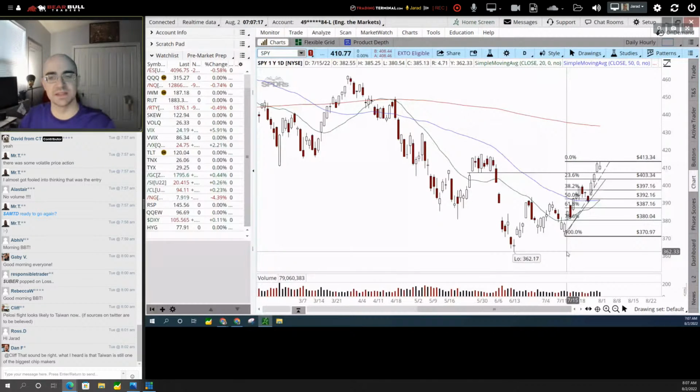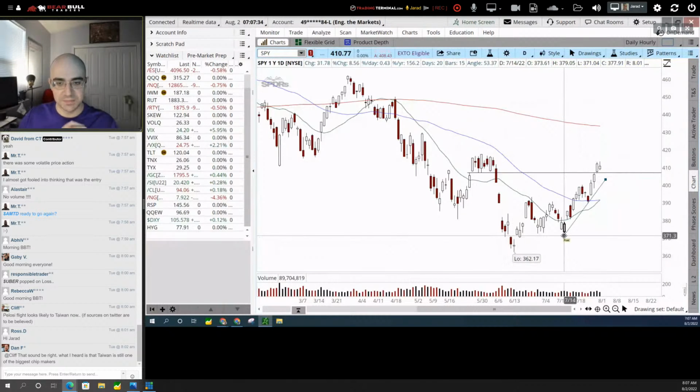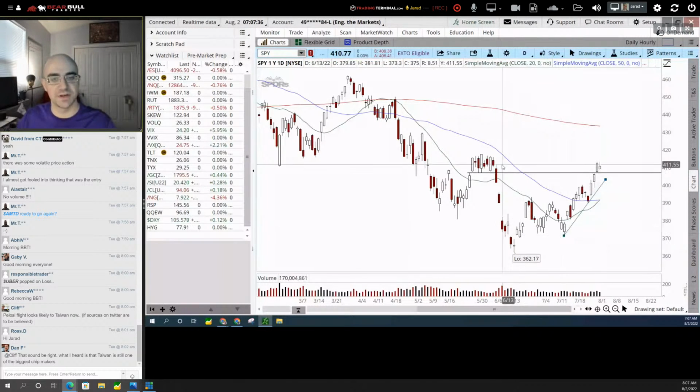And once again, it would still bring us slightly under sub 400, but a pullback to that area would be very healthy for this structure, and especially if we were considering continuation in the market. So these downside areas are areas of interest, but as I mentioned, first things first, we're in this balance range.